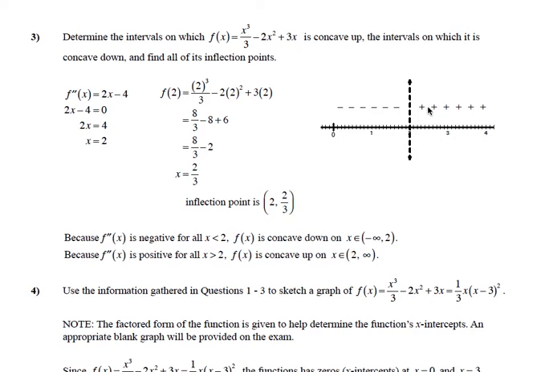Because the second derivative is positive for all x's greater than 2, the function is concave up on this interval, 2 to infinity. And again, we use the curved brackets because it is neither concave up nor concave down at 2. And so 2 is not actually included in those intervals.